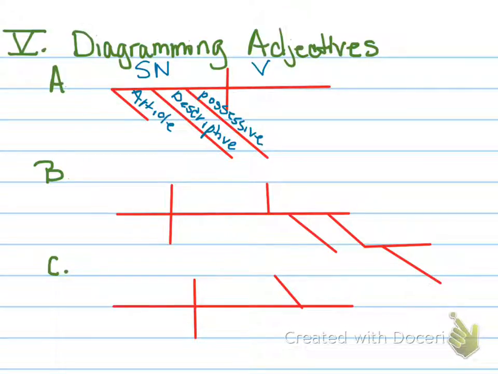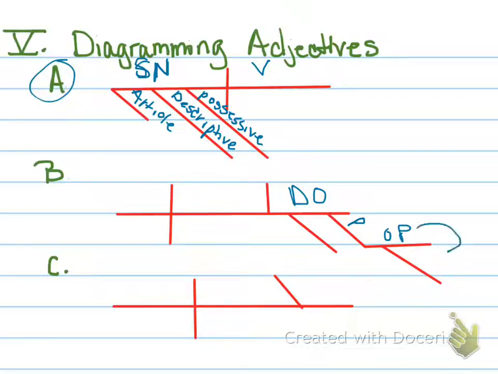Okay, and so we would put those underneath the noun it's modifying. So in this example, A, it's modifying the subject noun. And then in B, it's modifying the direct object. And the direct object is also being modified by a preposition and the object of a preposition.